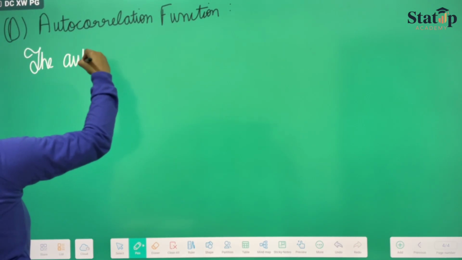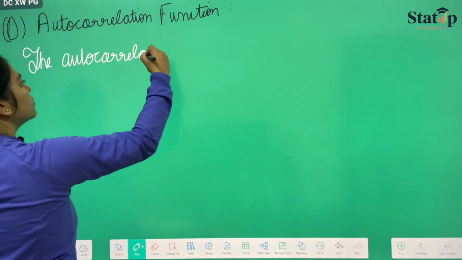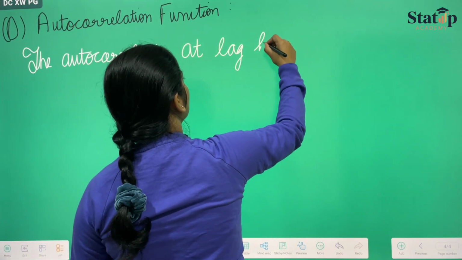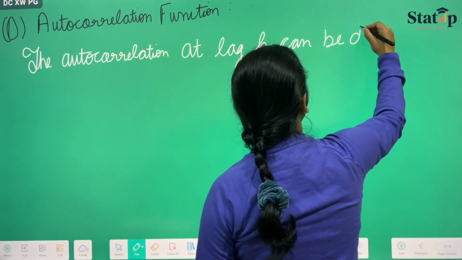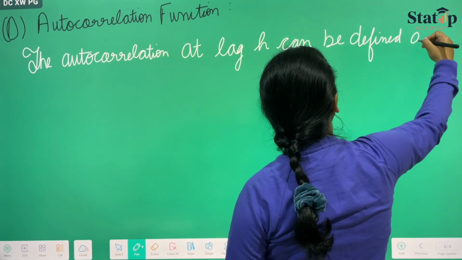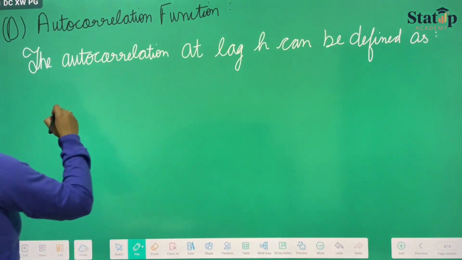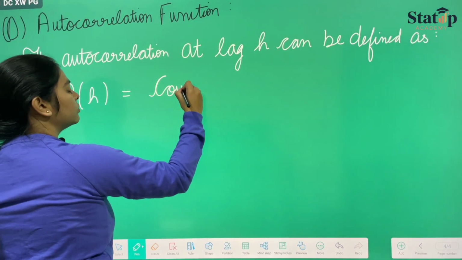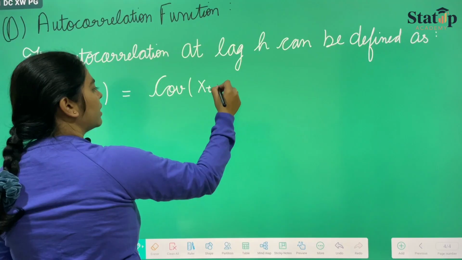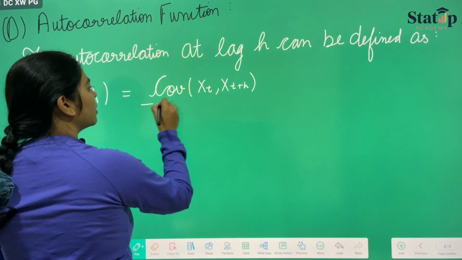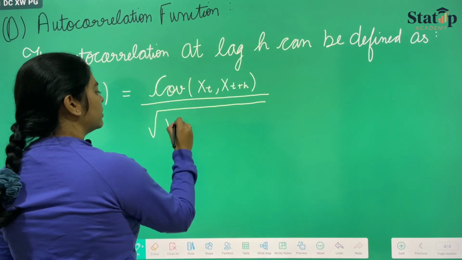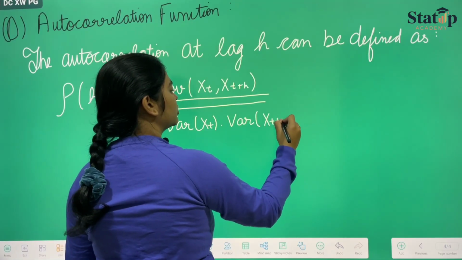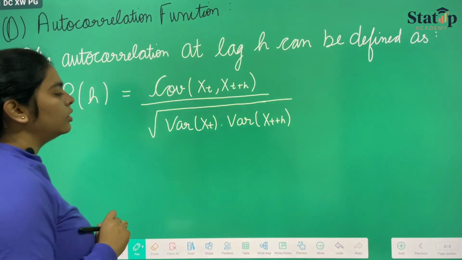The autocorrelation at lag h is represented by rho h. It is the covariance between xt and xt plus h, upon the square root of the variance of xt into the variance of xt plus h. This is the formula for autocorrelation.